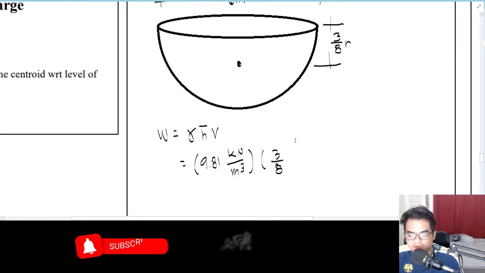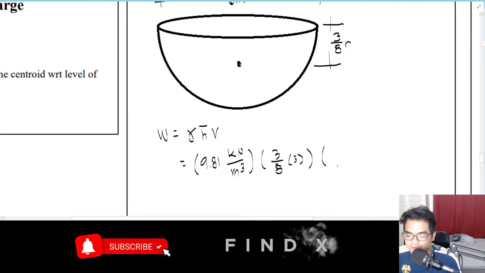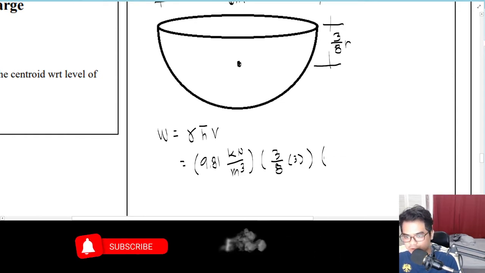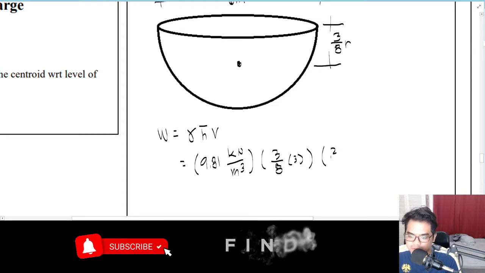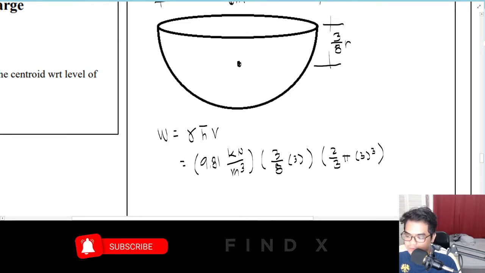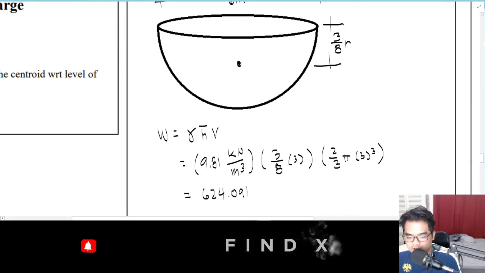The diameter is 6, therefore r is 3. Times the volume of the hemisphere: the volume of a sphere is 4/3 pi r cubed, and since we are looking for half of that, it becomes 2/3 pi r cubed, so 3 cubed. The answer for this one is simply 624.09 kilojoules.